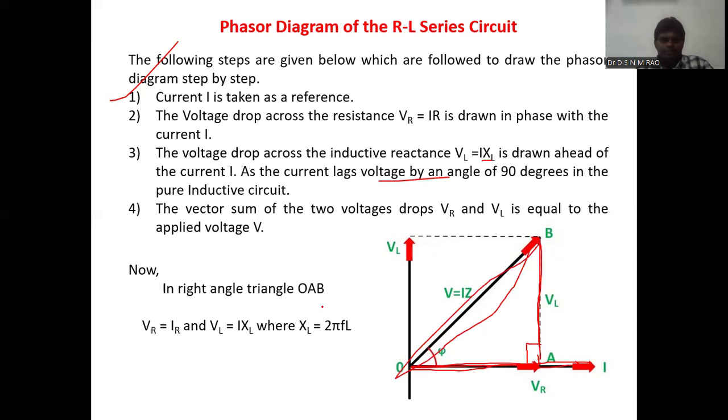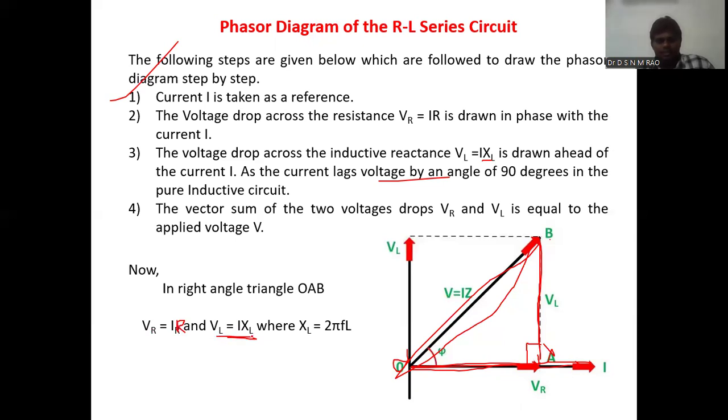So from the right angle triangle OBA, as per the Pythagoras formula, V equals the square root of VR square plus VL square. VR equals I into R, the current into the resistance of the resistor, which is the voltage drop across the resistor.